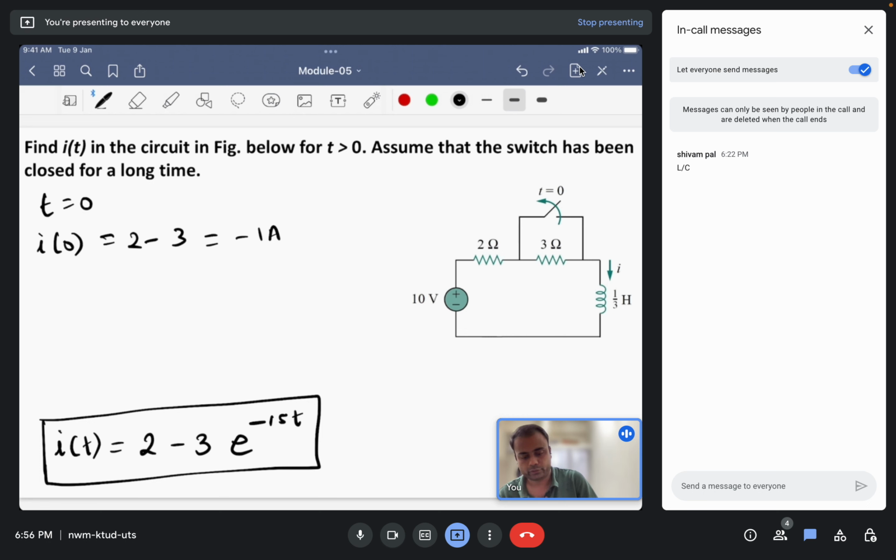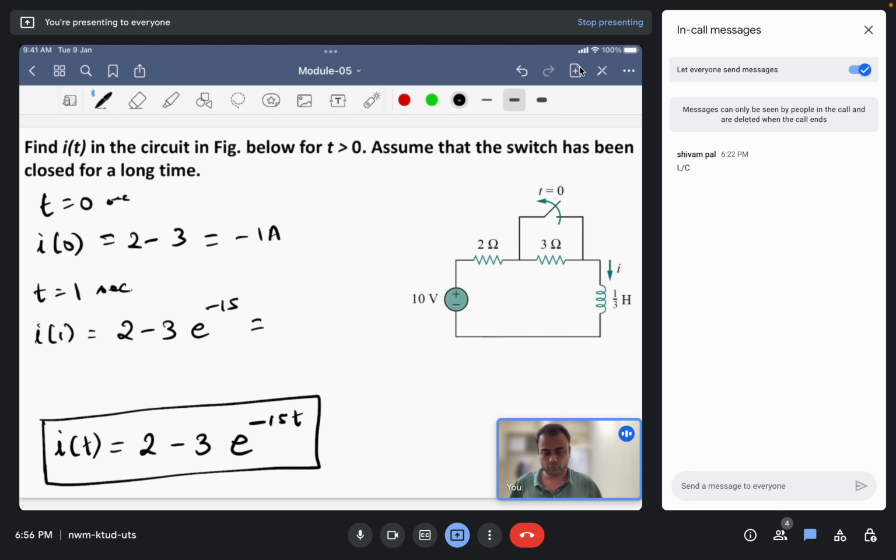And suppose you have to calculate at t equals 1 second. Again we will substitute: it will be 2 minus 3 e to the power minus 15. Just put the numbers in the calculator and get the value of the current at 1 second.